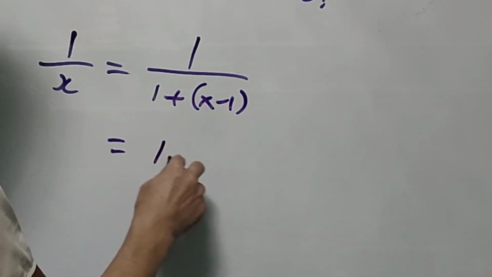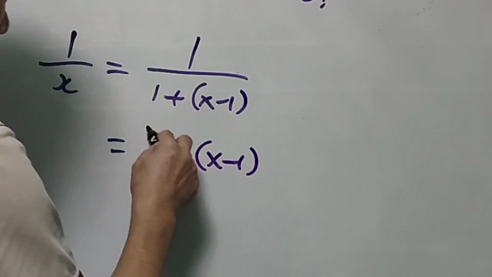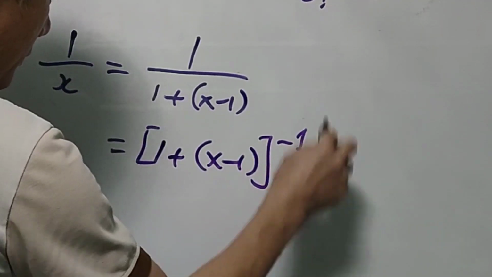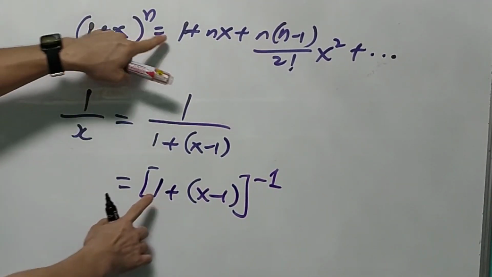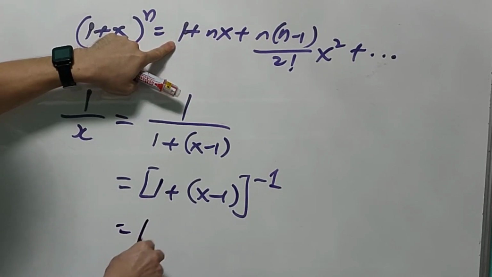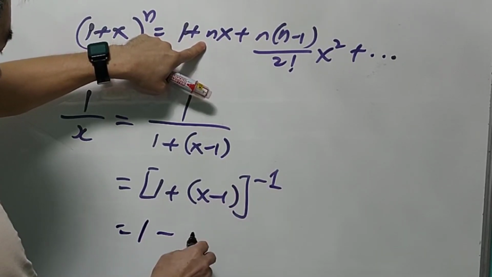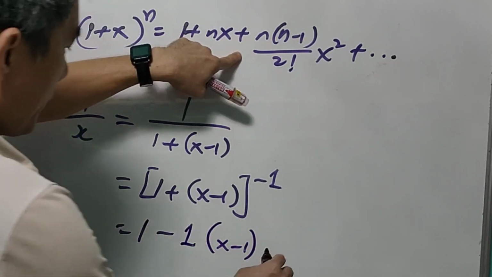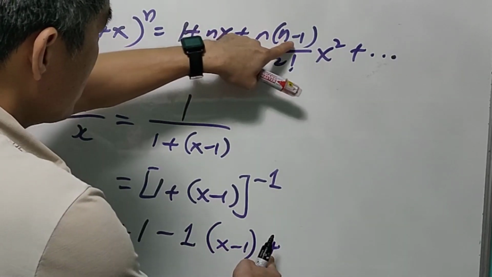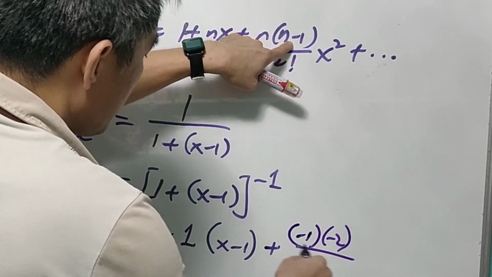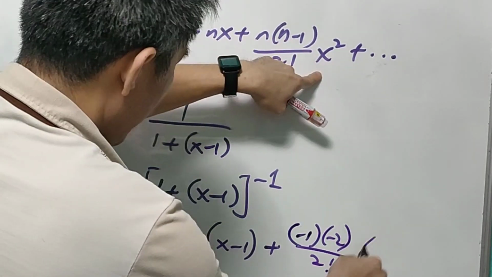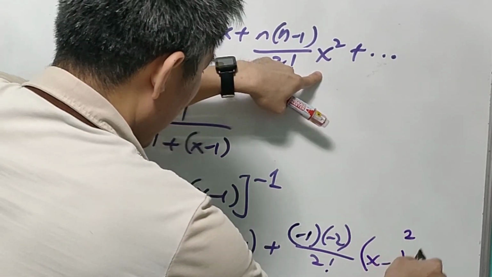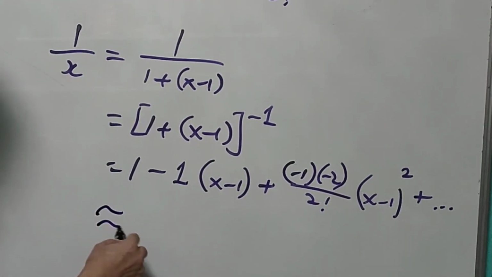And this is equal to (1 plus (x minus 1)) to the power of negative 1. So using the formula, this is equal to 1 plus nx, where n is equal to negative 1 and x is x minus 1. And plus n(n minus 1), which is negative 1 times negative 2, over 2 factorial, and x is (x minus 1) squared.